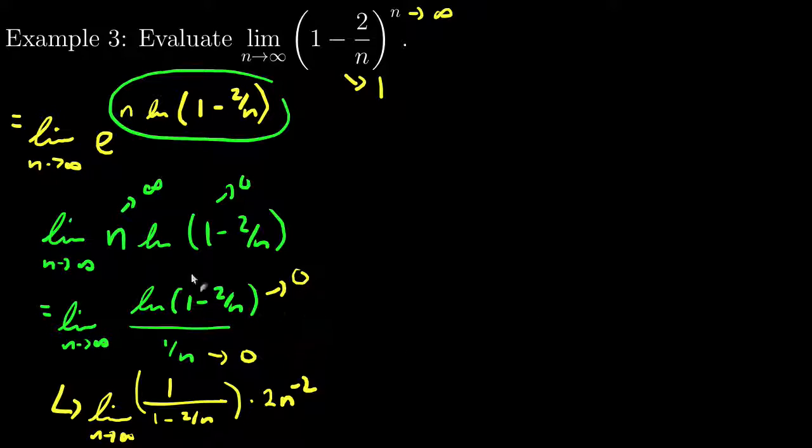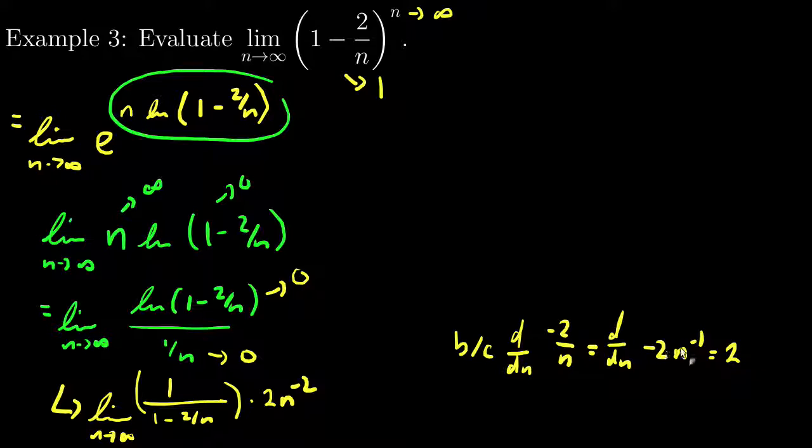The derivative with respect to n of negative 2 over n is equal to the derivative with respect to n of negative 2 n to the negative first. I bring the negative 1 out to the front and get a positive 2, and I subtract 1 here. In the denominator, the derivative of 1 over n is just negative n to the negative second.